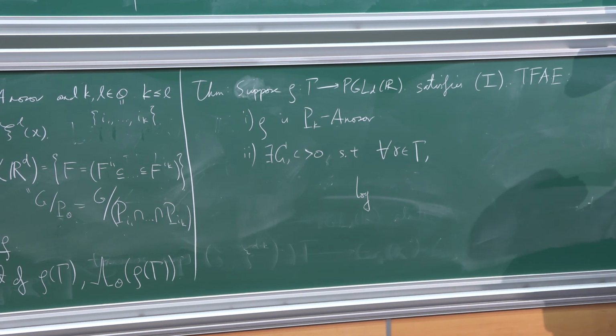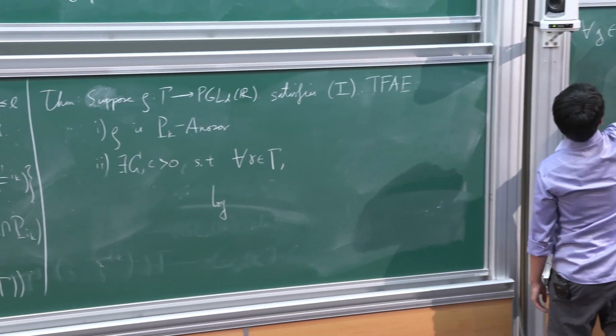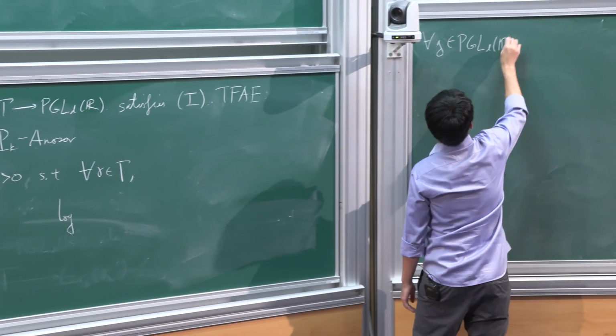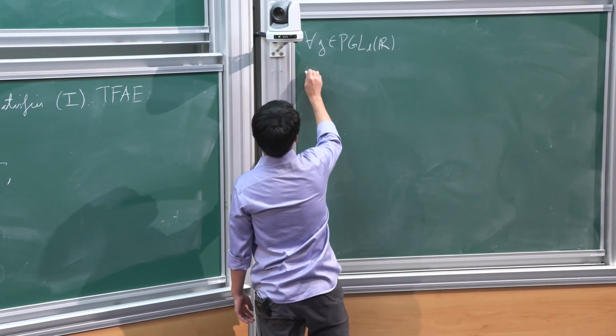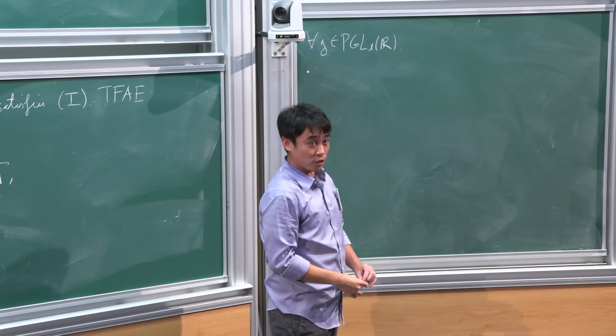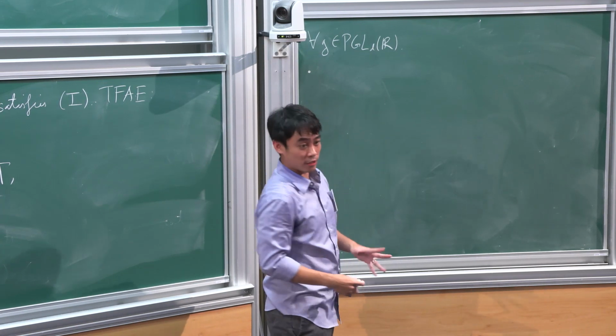So if you take any element G in PGL(d, R), there are a few natural invariants you can associate to G, namely the eigenvalues and the singular values.